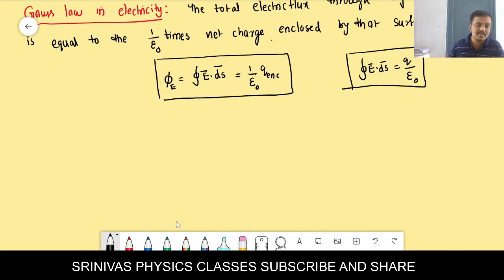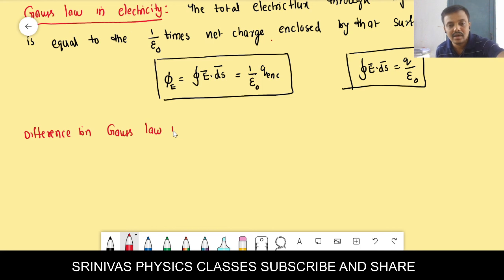Let us see the difference between Gauss law in magnetism and electricity. What is the difference?